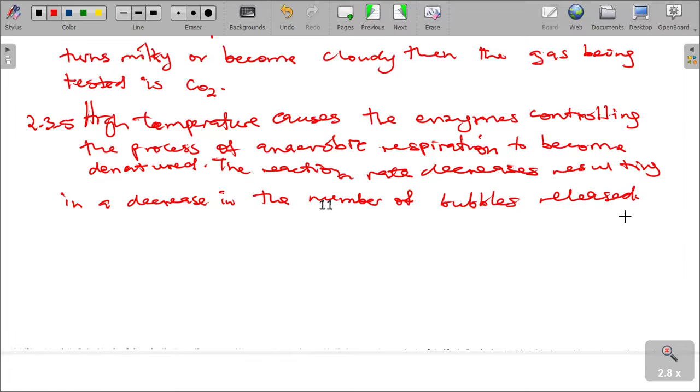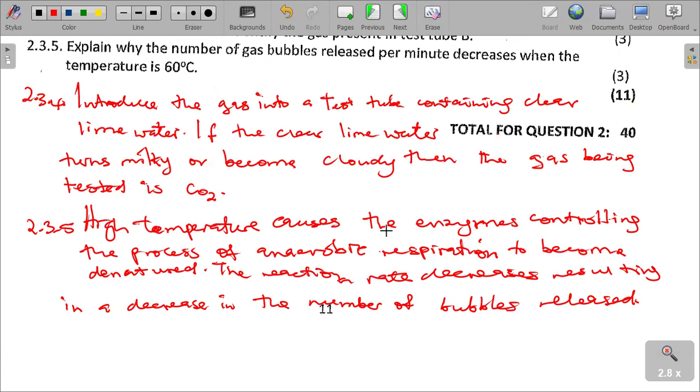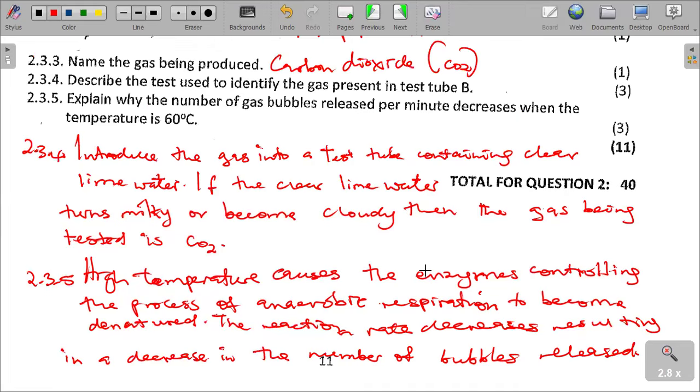You understand? So what we are saying is that the number of bubbles released per minute decreases when the temperature is 60 degrees Celsius because the temperature will destroy or kill the enzymes that control anaerobic respiration, and then the reaction rate decreases, which results in a decrease in the number of bubbles released.